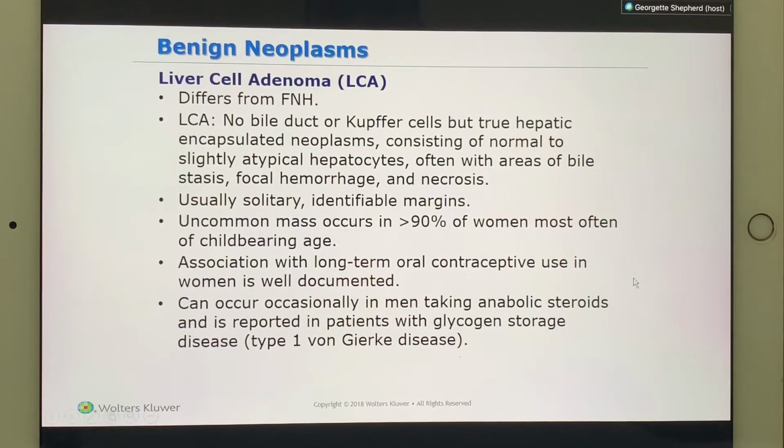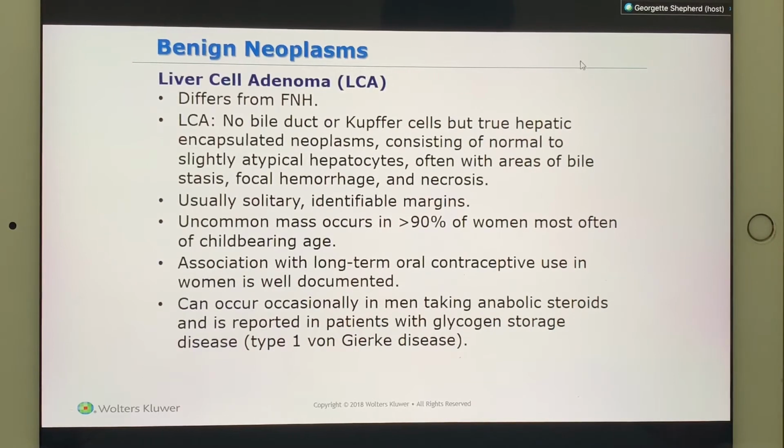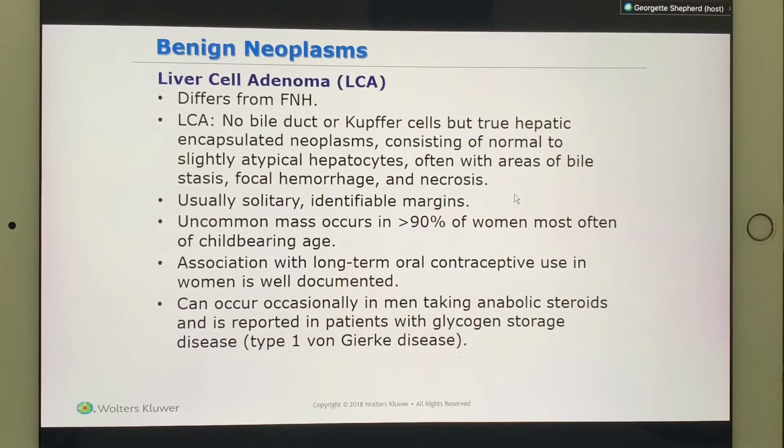An adenoma doesn't affect the bile ducts or the Kupffer cells. It is a true hepatic encapsulated neoplasm, so it will look like it has a halo around it. But it can press on the bile ducts, causing bile stasis. It can bleed, and it can necrose on its own.